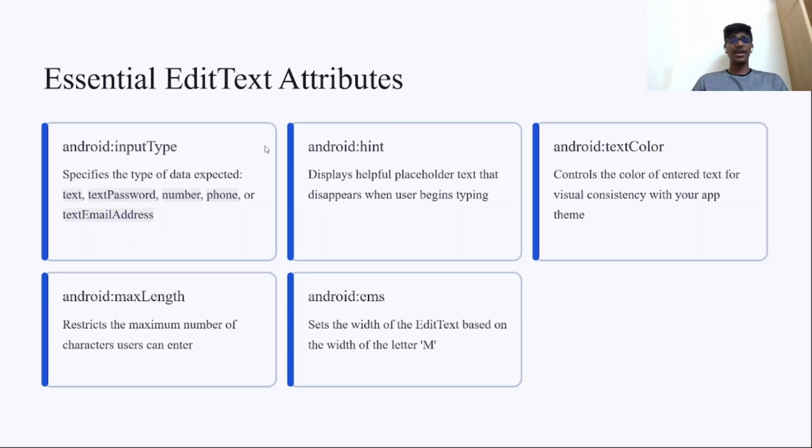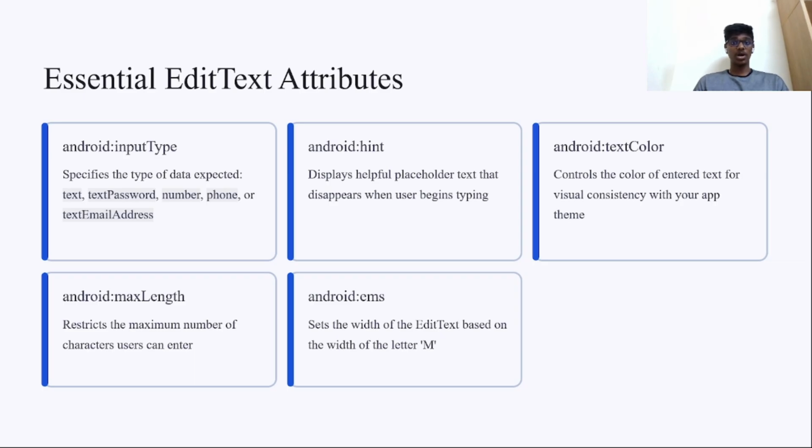Essential EditText attributes. EditText has many attributes that make it flexible. Some of the most useful are android:inputType, android:hint, android:textColor, android:maxLength, android:ems. The android:inputType defines what kind of data the field expects.